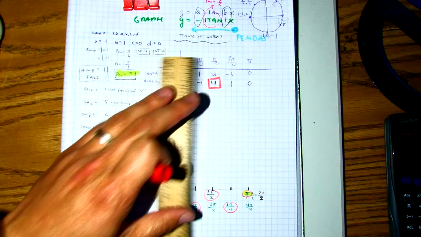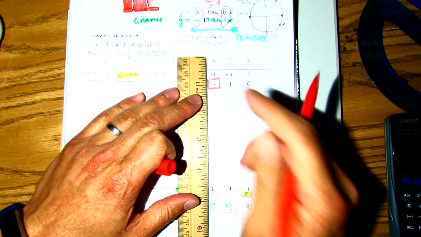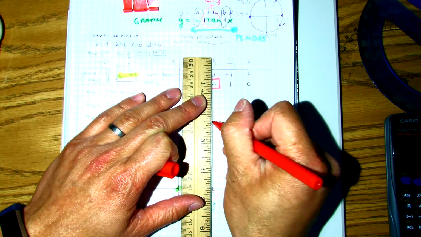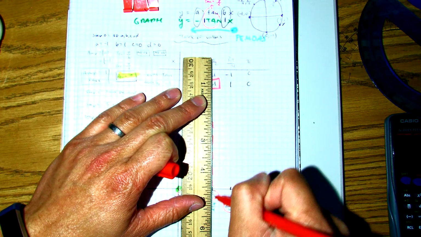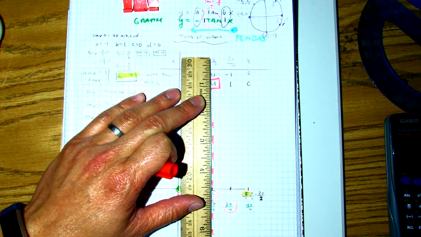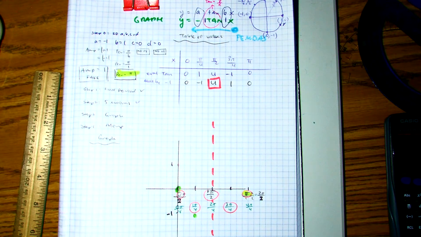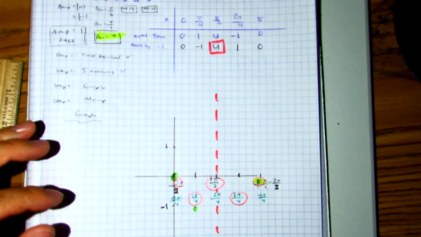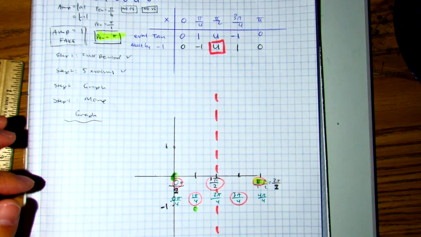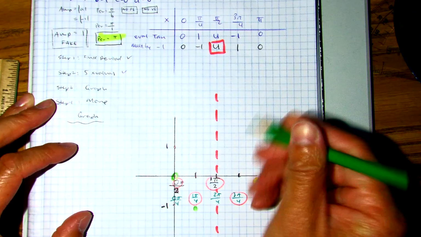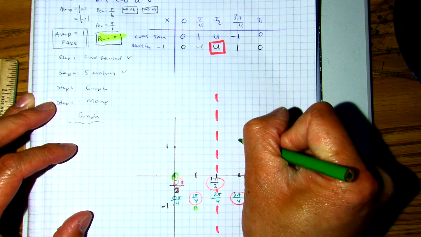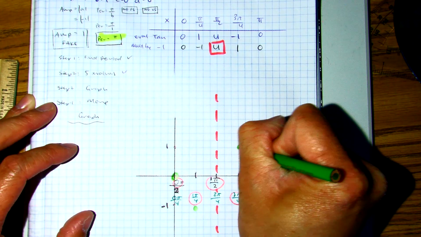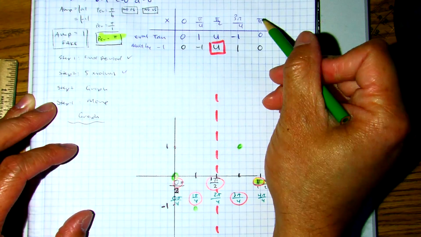So at pi over 2, it's actually a vertical asymptote. Three pi over 4 is 1. And at pi, it is 0.